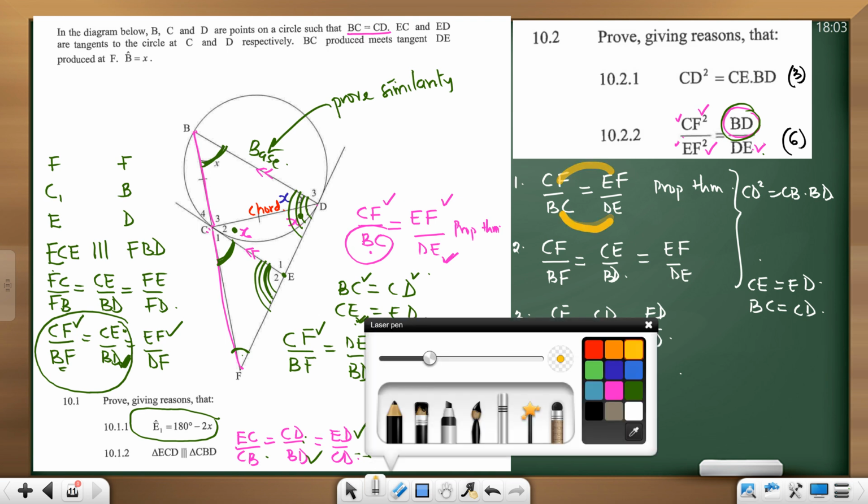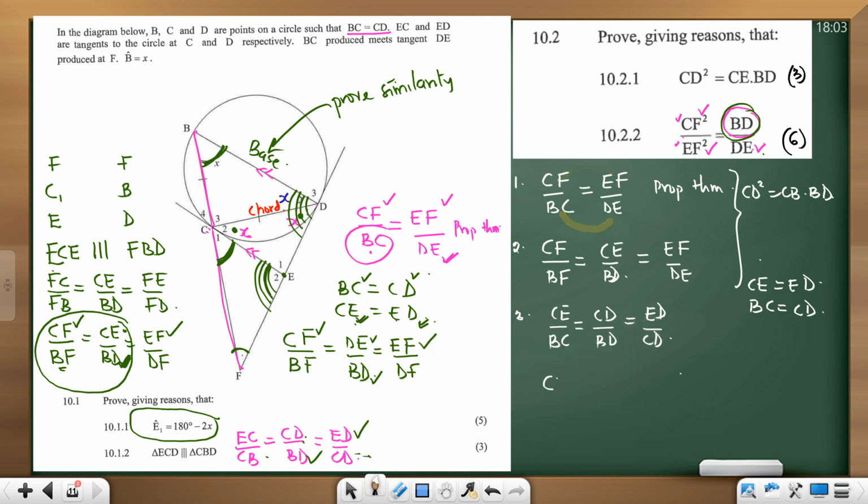CF over EF is equal to BC over DE. I think I have it. Do you notice it's squared? Let's square both sides. What will I have? You are allowed to do that mathematically, I'm sure you know. BC squared over ED squared.